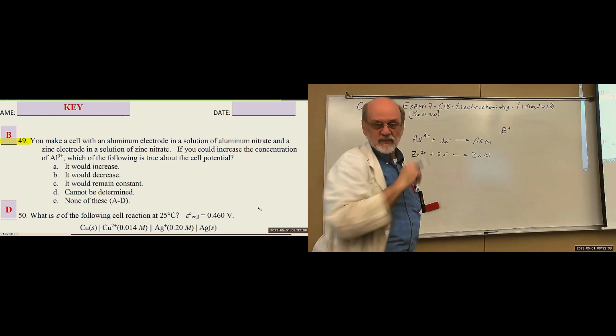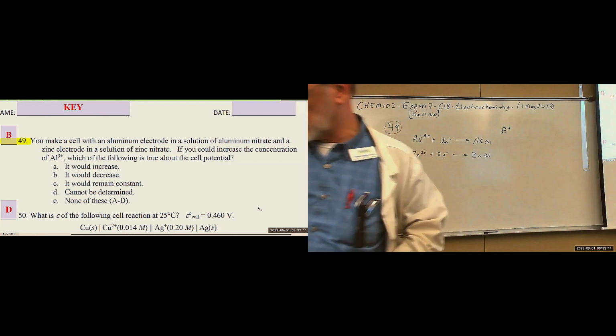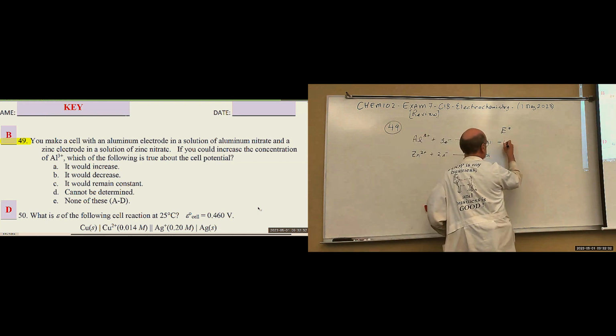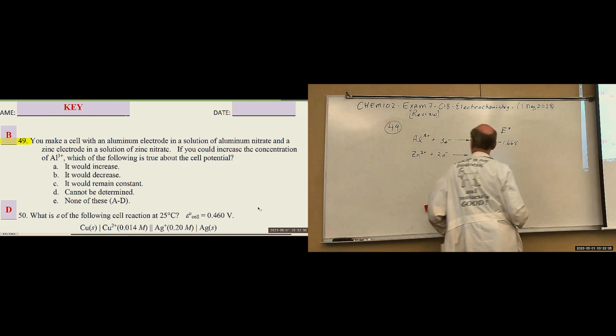Then we need to know the standard potentials for each one. Instead of flipping through that one, let me just turn to the page here and find them. Aluminum. Here it is. Minus 1.66 volts.